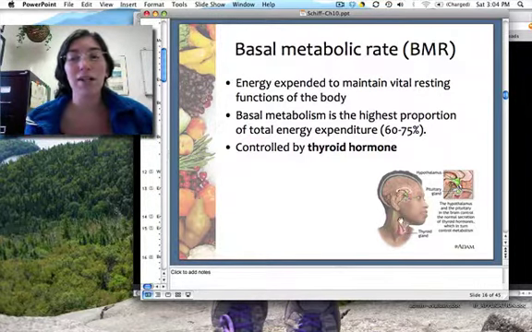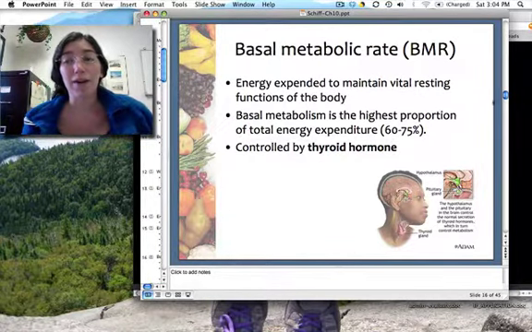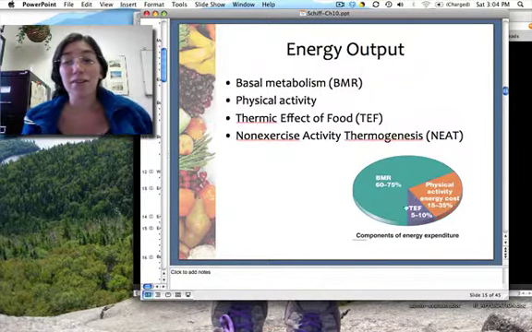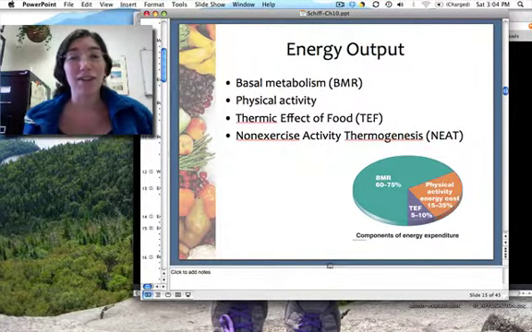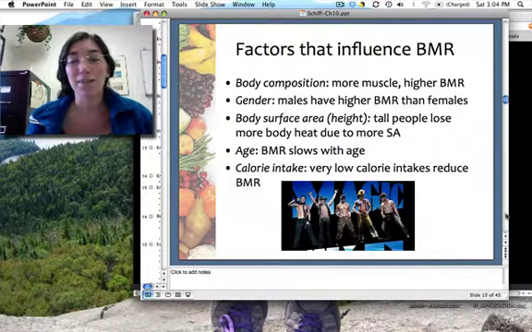But your thyroid gland does produce thyroid hormone, which does regulate your basal metabolic rate. And your basal metabolic rate, shockingly enough, is the major calorie burner every day. So a lot of people think that your physical activity is the main thing that burns calories, but it's not. It's your basal metabolism that is the major demander of your caloric intake.